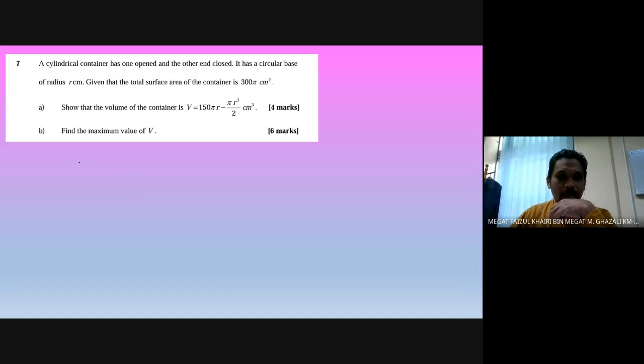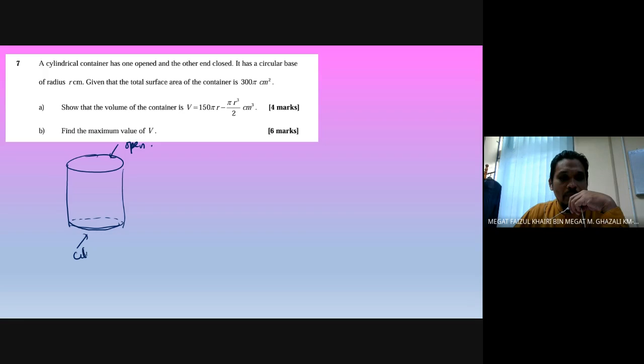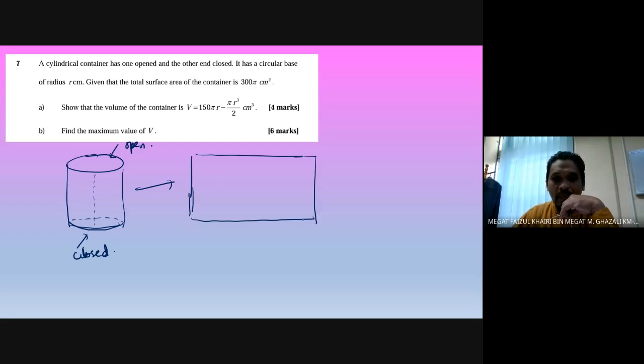From a cylindrical container, this is open and here is closed. So if I cut the body into half and open up the body, as I showed you just now, it will come up with this rectangle, and one circle.